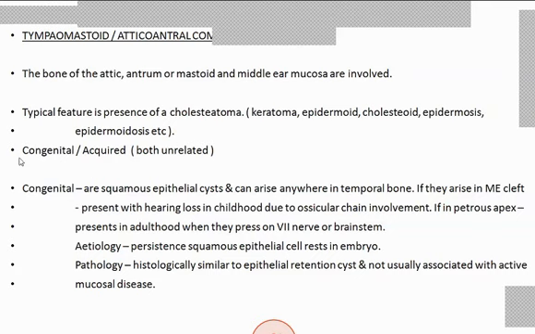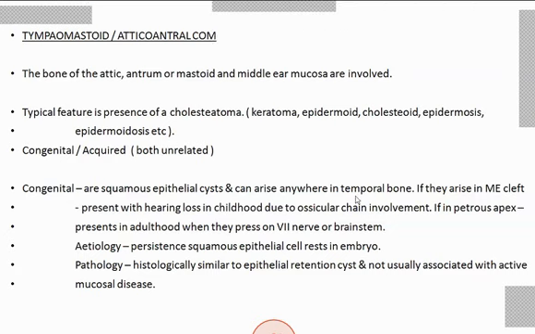Pathologically and clinically, we can divide it into 2 types: congenital cholesteatoma and acquired cholesteatoma, even though both are unrelated. Congenital cholesteatomas are nothing but squamous epithelial cysts which may persist anywhere in the temporal bone. Usually, during the development of the temporal bone, some squamous epithelial cells remain and get entrapped within the temporal bone.